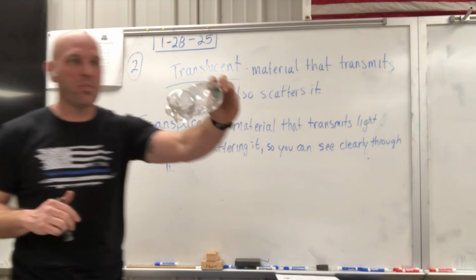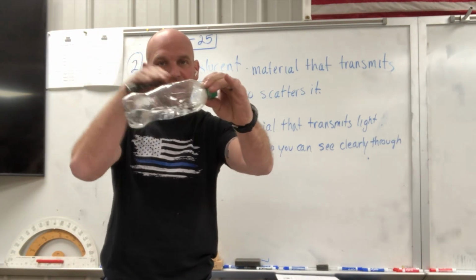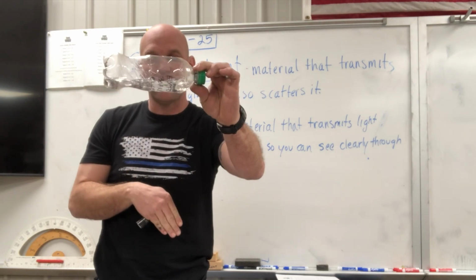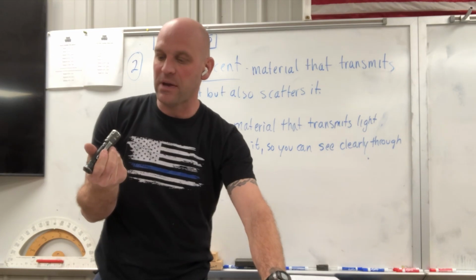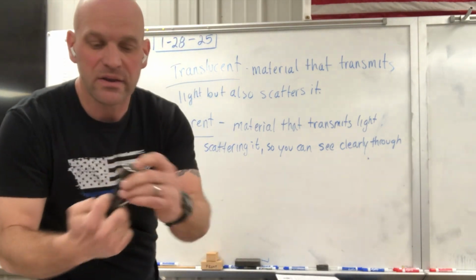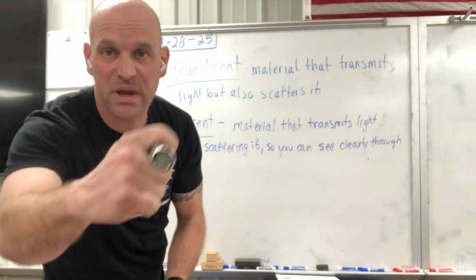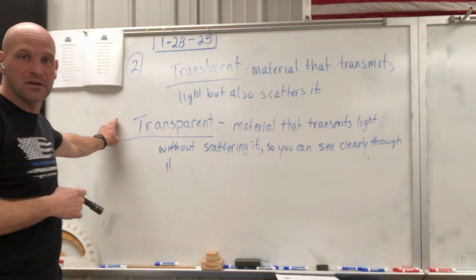Now, this isn't a perfect example because of its shape, it's bending those light waves. Probably a more perfect example would be the lens of my flashlight, where this is just a glass piece and it allows all the light through it because it is transparent.